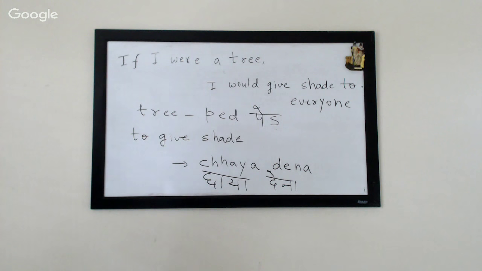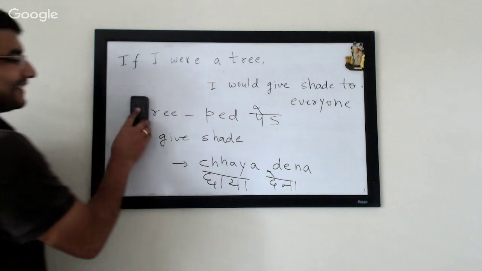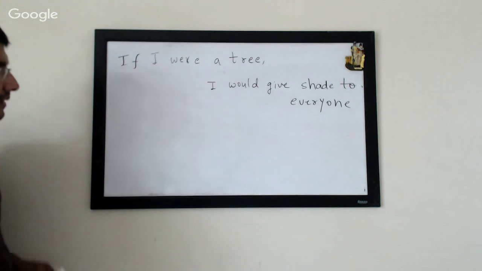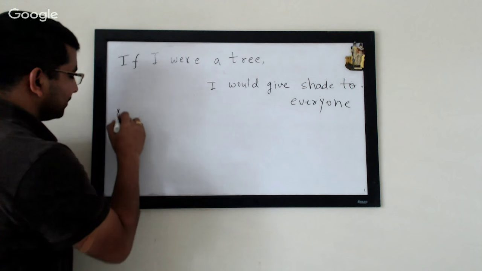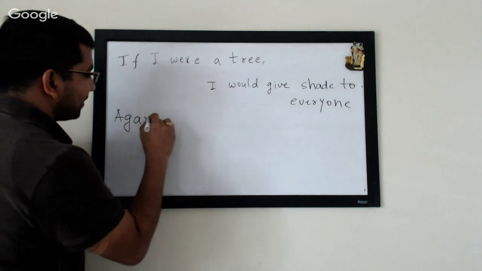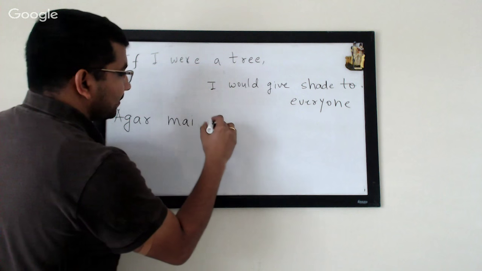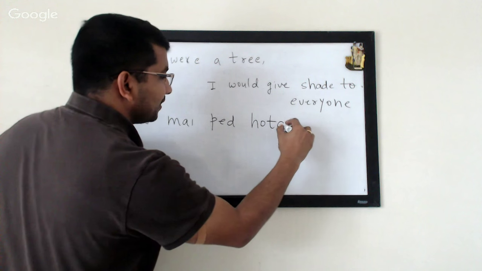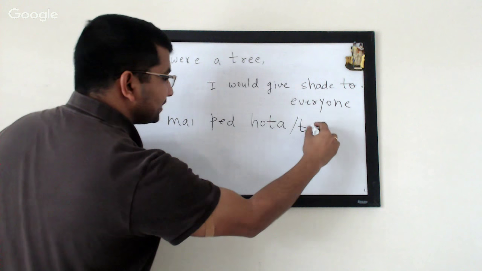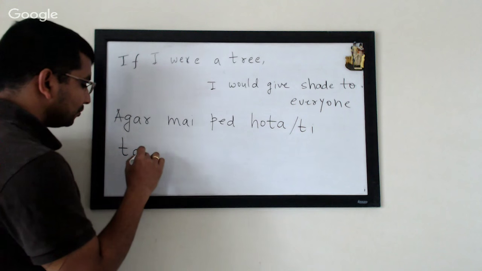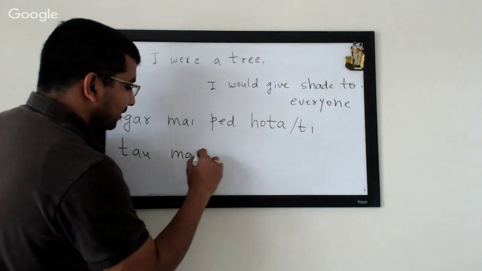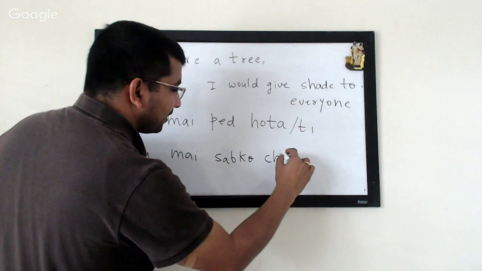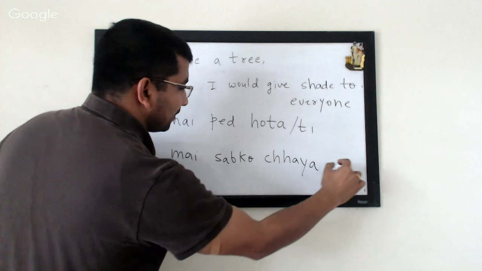Okay, I think pretty much all of you completed. I didn't realize. Okay, so the way you write it is अगर मैं पेड़ होता, for a male, for a female पेड़ होती, तो मैं सबको छाया देता.